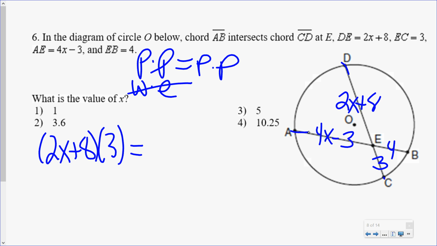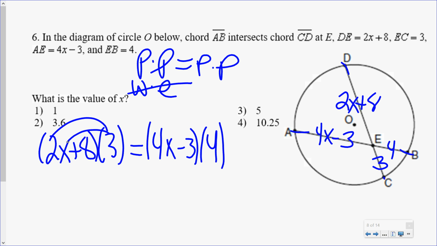The other chord, 4x minus 3 and 4. Notice I put it in parentheses. Whenever I'm multiplying a binomial, I should always put it in parentheses. That's an algebra thing going back to middle school. From here, I do the algebra. 6x plus 24. Make sure you're distributing.